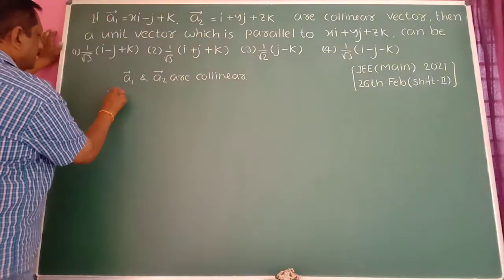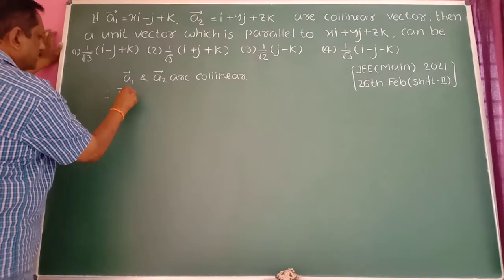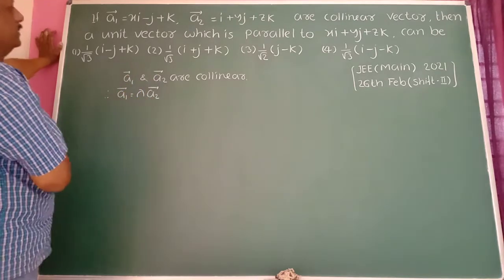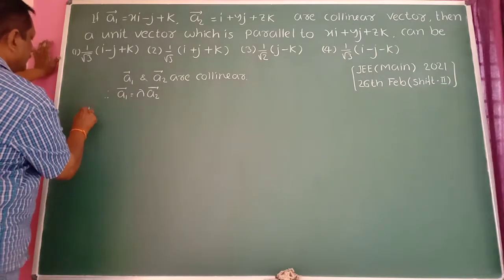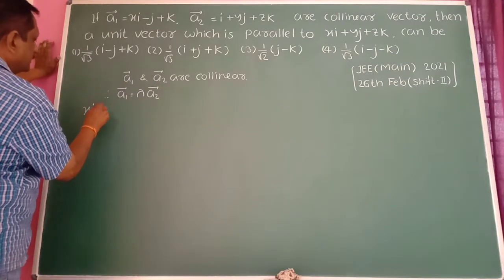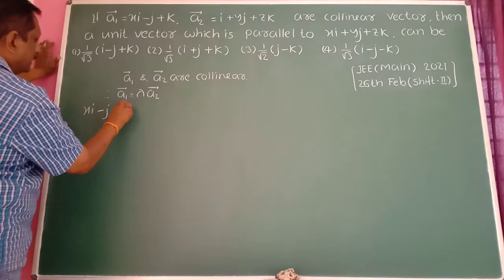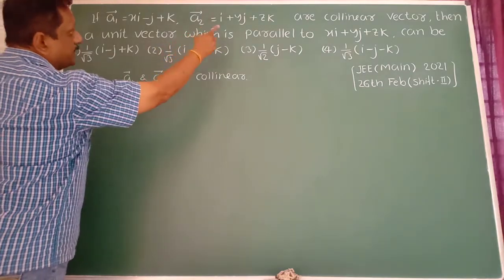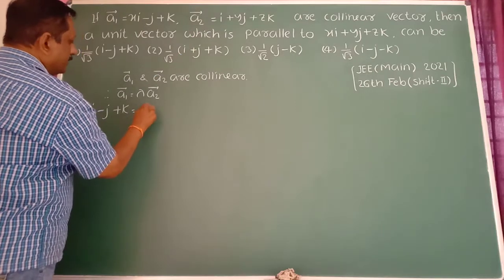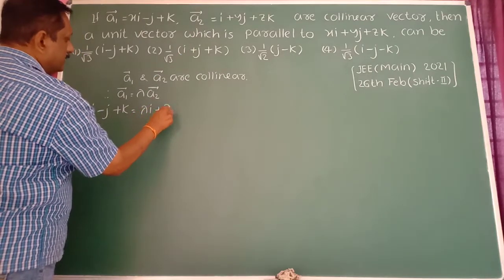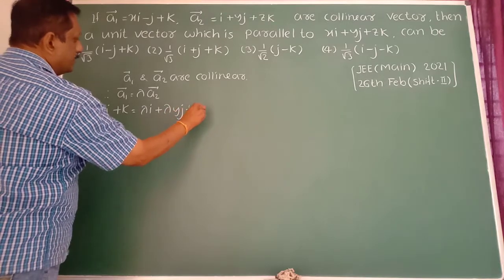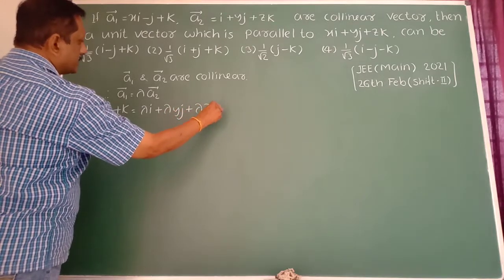Therefore we can write A1 bar is equal to lambda into A2 bar. A1 bar is xi minus j plus k is equal to lambda into A2 bar, meaning multiply each element by lambda: lambda i plus lambda y into j plus lambda z into k.